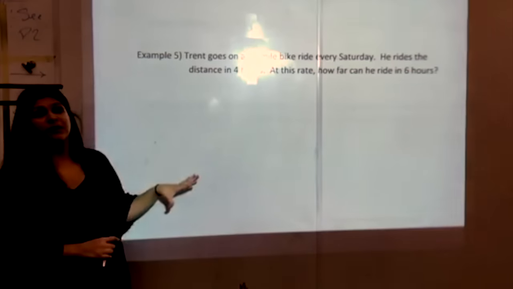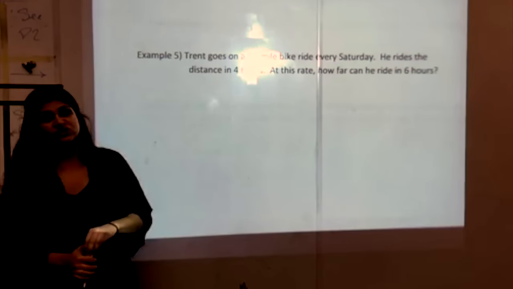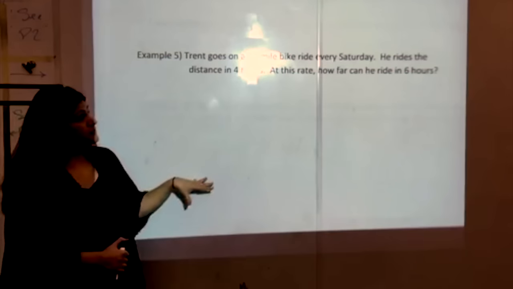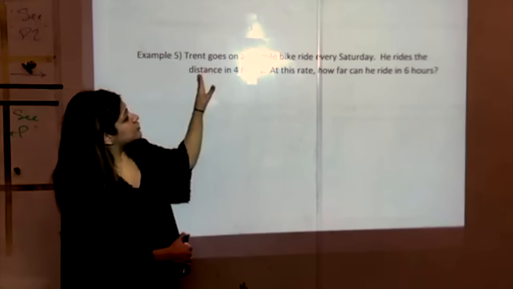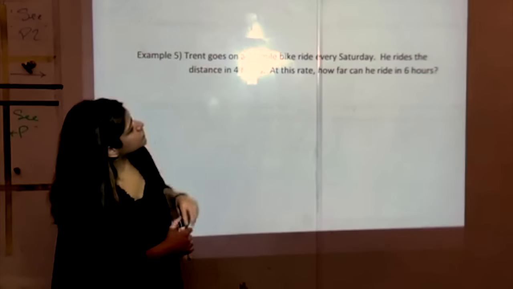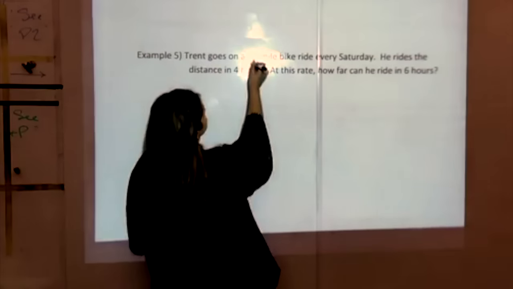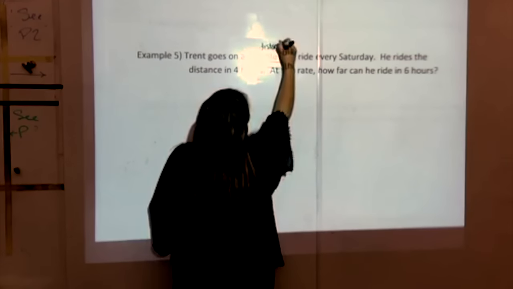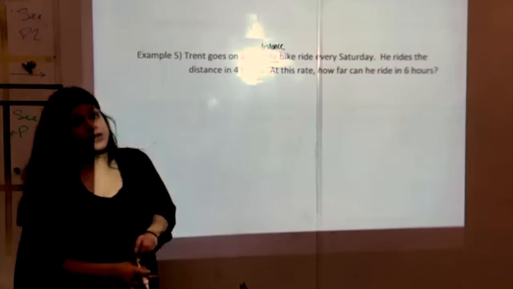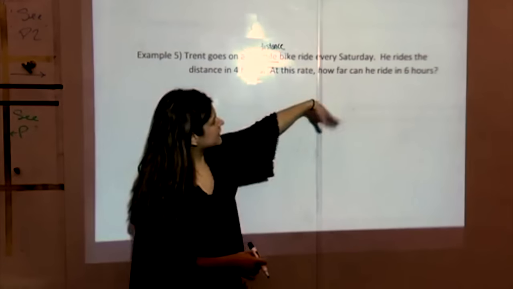We are on the last problem, example 5 on page 25. We're going to do this example with you and then we'll finish it up in class. So we know that Trent goes on a 30-mile bike ride. So 30 miles, one of our units is going to be distance. He rides 30 miles every Saturday.